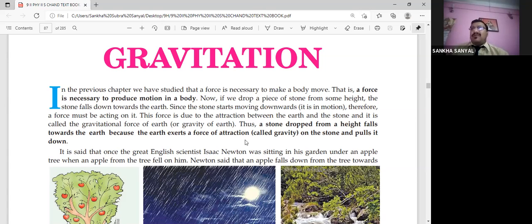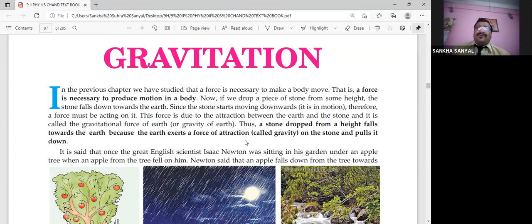And that's how the concept of gravitation came into being. He started doing research on that, and at the end of the day he came up with certain theories related to gravitation. Well, let me tell you very categorically over here, gravitational force is that third category of non-contact force that I had just discussed.